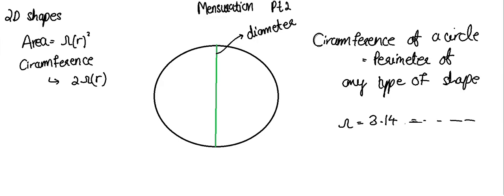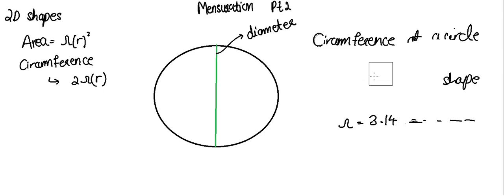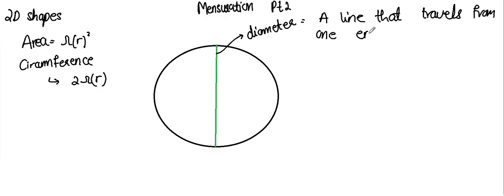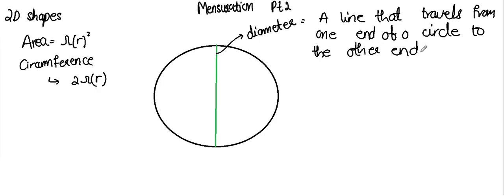If anyone wants to write the definition, it's a line that travels from one end of a circle to the other end on the opposite side. That is what you call a diameter.